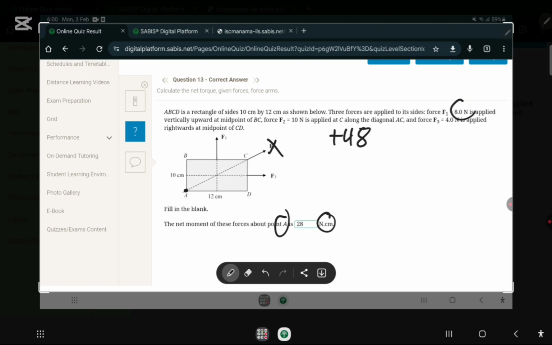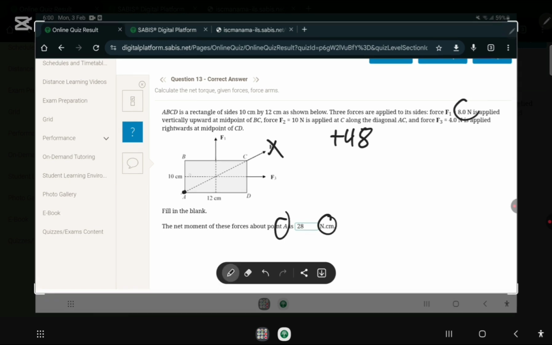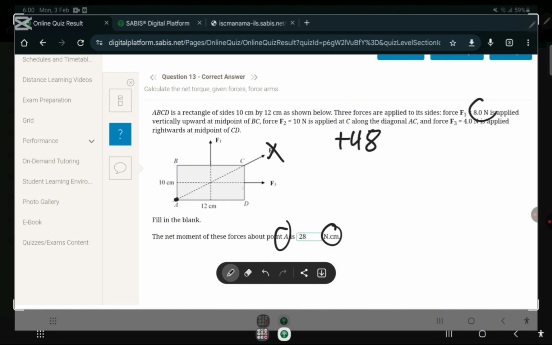Force 3 is going to be going like this. One sec. Why is it not drawing properly? Like that. It's going to be moving perpendicular to this point there. Okay? It's going to be half of 10, which is 5. And force 3 is 4 newtons, 4 times 5. But wait, let's check if it's clockwise or counterclockwise.